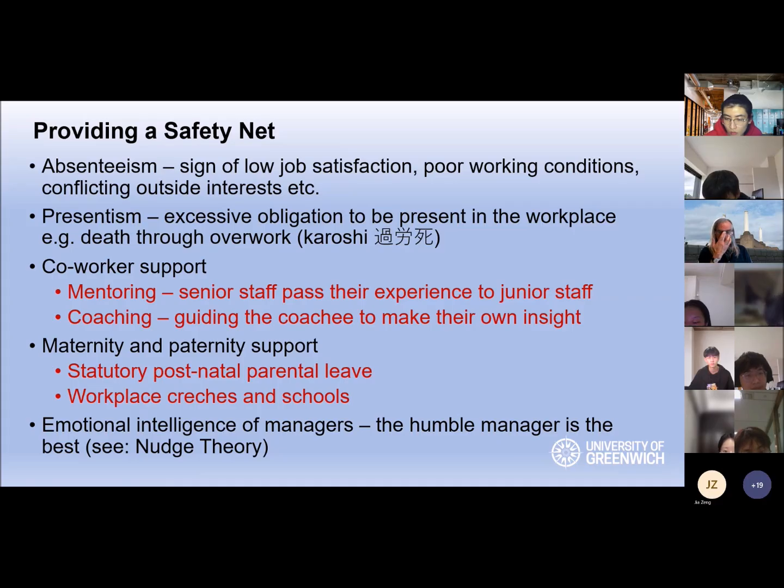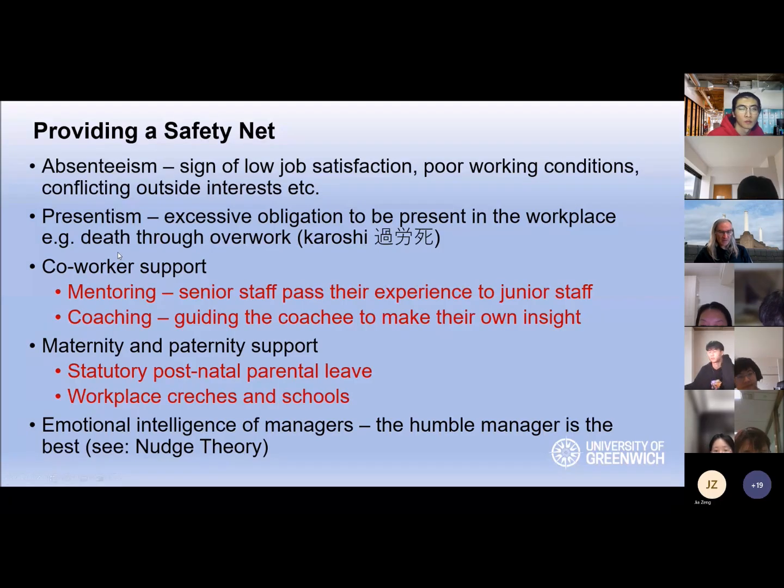And there's the safety net. So right down at the bottom of that hierarchy of needs, Maslow's hierarchy of needs, some things are starting to come up. Absenteeism, so workers taking any excuse to not be working. They might genuinely be ill, or they might be pretending to be ill, but they're disappearing from the workforce.